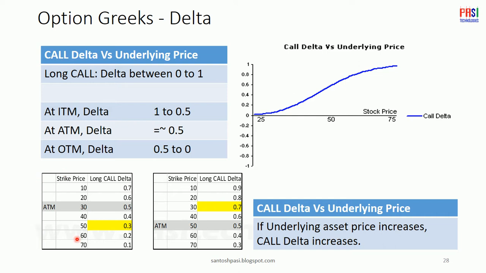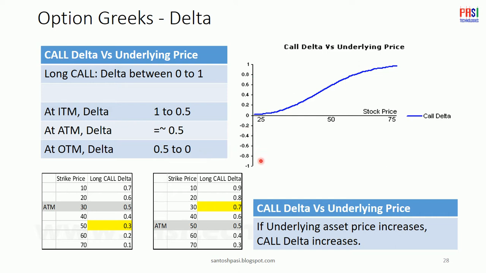In case of a call option, at the top is the yellowish color, so it will start from 1. At the center it will be half, and as it moves out of the money it will go towards 0. So in the money it's between 1 and a half. At the money, whether it is a call or put, it will always be half, and out of the money it would be from half to 0.